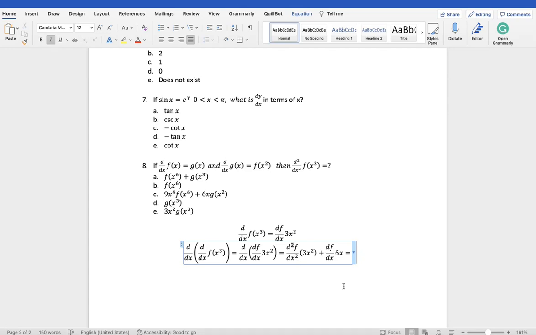Okay, right. So we were given that df over dx is just equal to g of x, so let's just copy that. And we're given d of g of x, so let me write that down so it makes more sense.